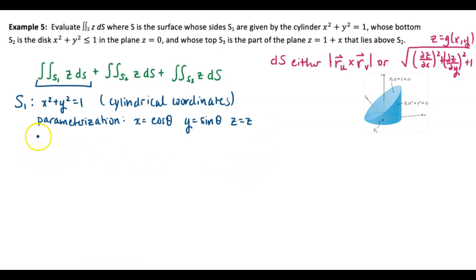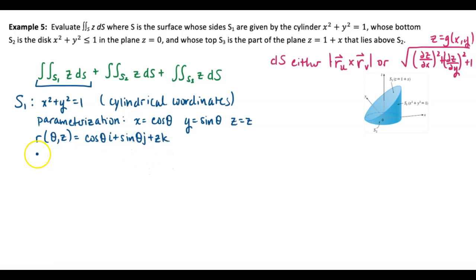And so I can find those partial derivatives, and before I do that, I can write this as a function of theta and z, where cosine of theta is the i component, sine of theta is the j component, and z is the k component.